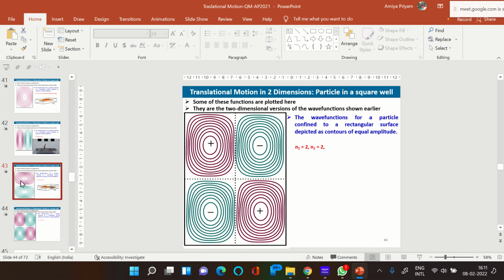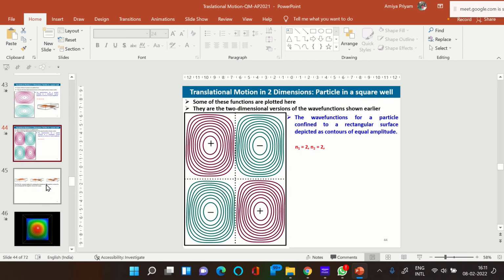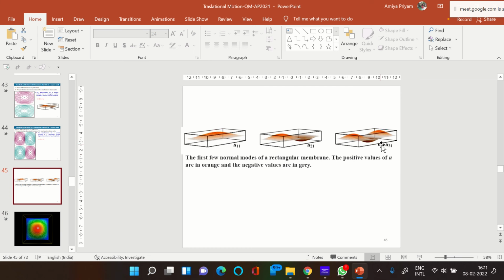So these are three different combinations that we can discuss. In a rectangular case you have a third combination, 3 1.